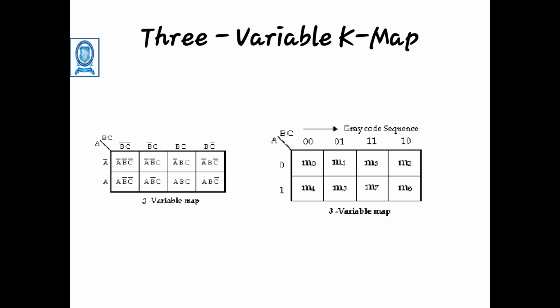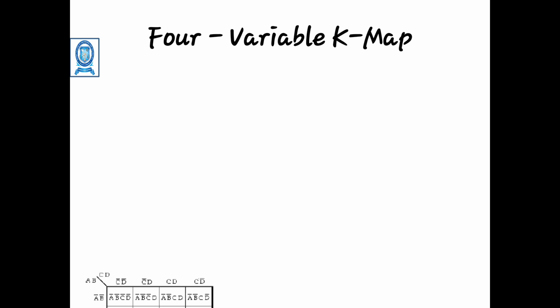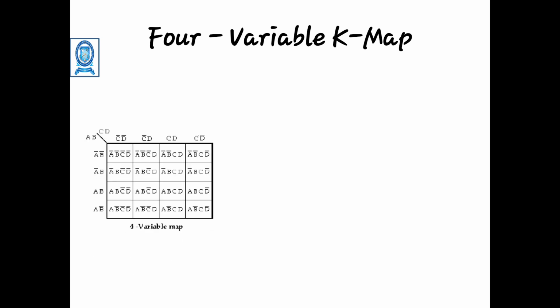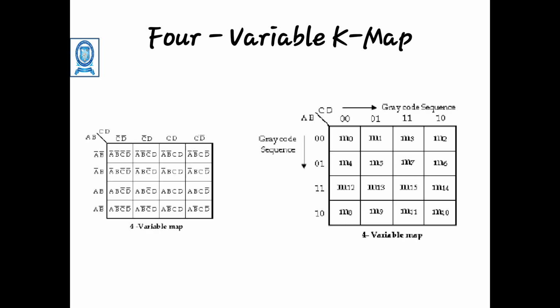So here we write bc as 0 0, 0 1, 1 1, 1 0 as a gray code sequence. So 0 0 0 is the m0 term, 0 0 1 is the m1 term. We simply write the horizontal and vertical combinations here. Then for the 4 variable combination, as said earlier, the number of cells should be 16, arranged like this.